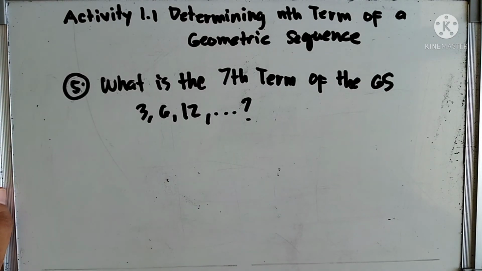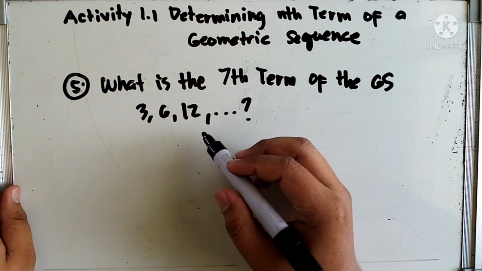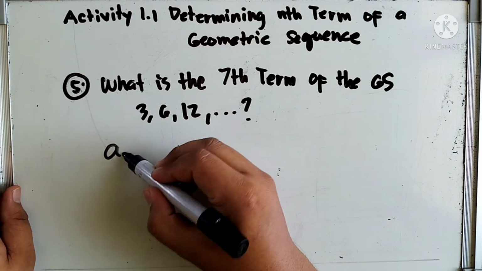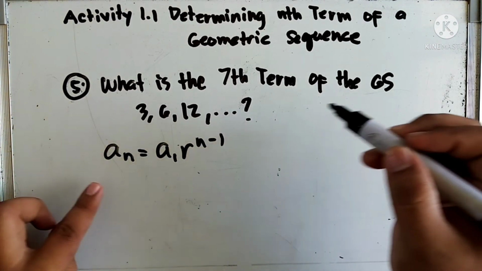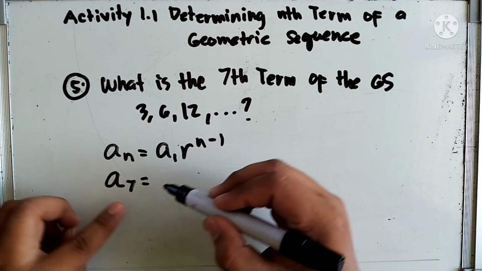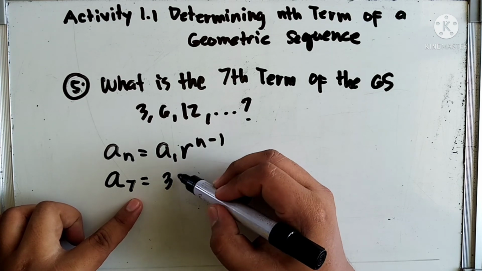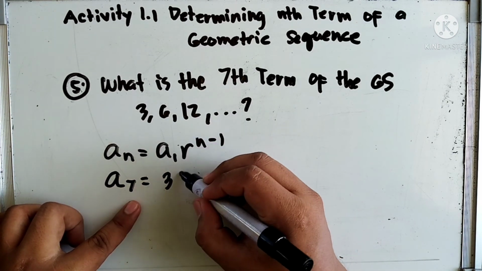Next, what is the seventh term of the geometric sequence 3, 6, and 12? So, we're looking for the seventh term. Let's use the formula a sub n equal to a sub 1 r raised to n minus 1. So, we have a sub 7 equal to 3 times our common ratio, which is 6 divided by 3, which is 2.